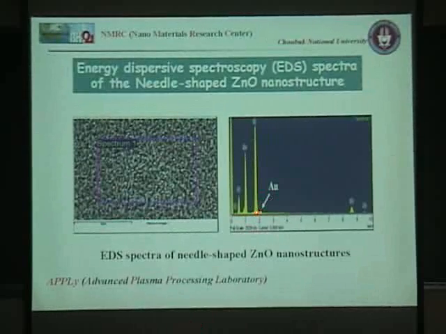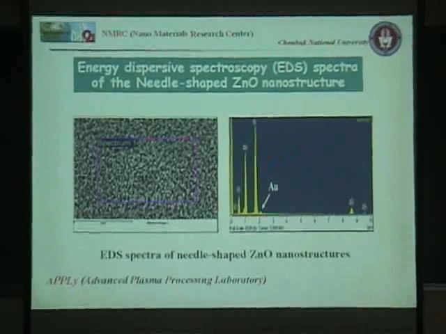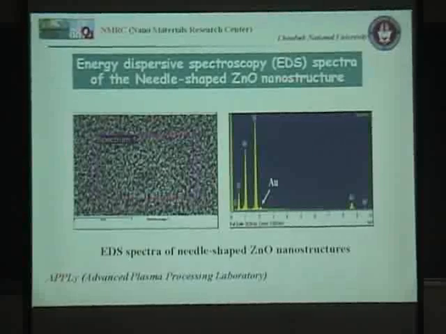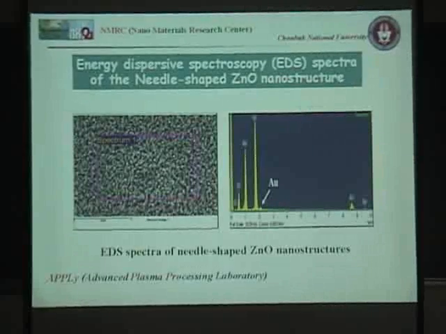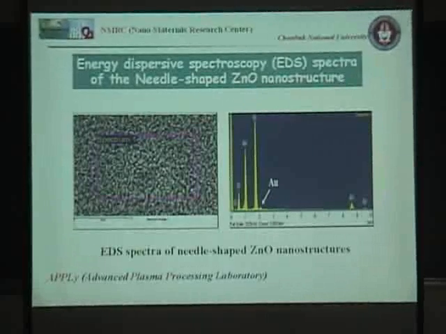We observe one very short peak, which is for gold. From this spectra, we can see that gold is left as a residue after the reaction on the substrate.